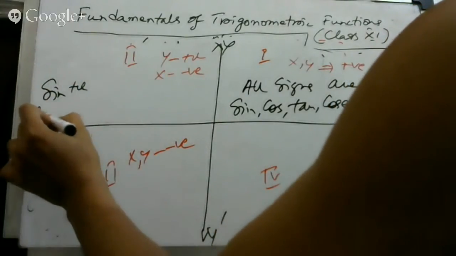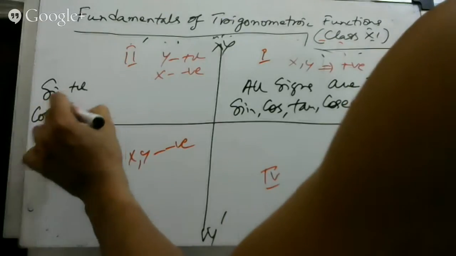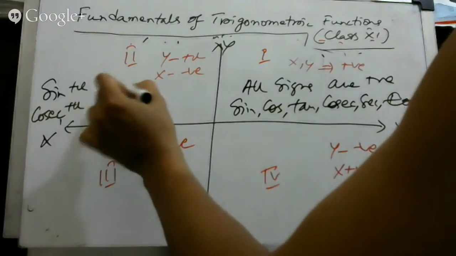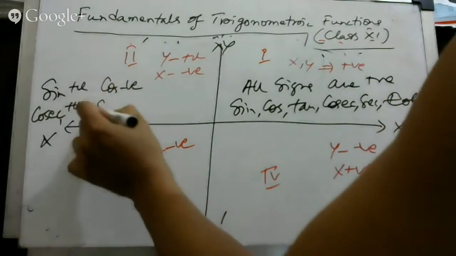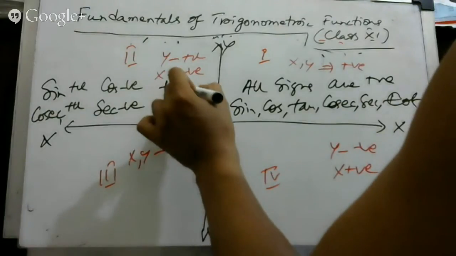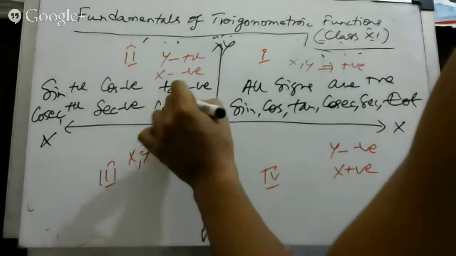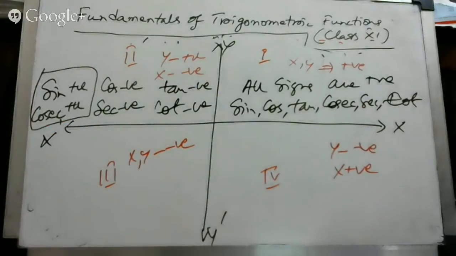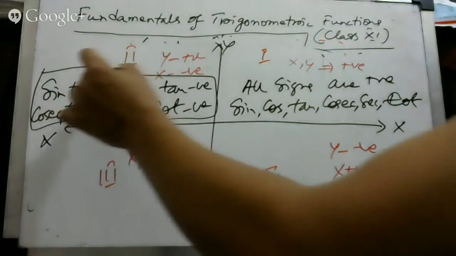So cosec will also be positive because it is 1 by sine. We saw cos as negative, so sec will also be negative. Since cos is negative, we have tan is also negative, and since tan is negative, we have cot negative. So in the second quadrant, sine and cosec are positive, rest all are negative.